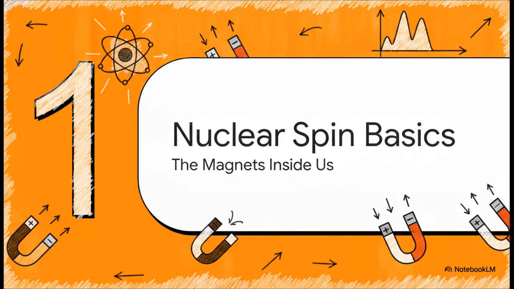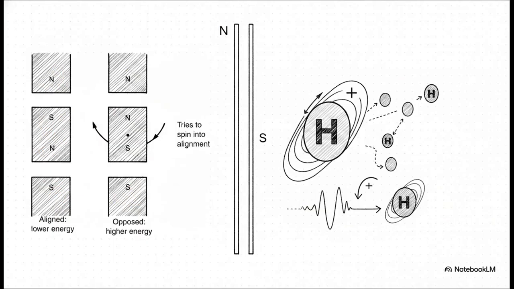Moving right into Section 1, Basics of Nuclear Spin, or as I like to think of it, the magnets inside us. To really make sense of the mess of peaks in a spectrum, we've got to zoom way in on the atomic nucleus itself. As you know, not all atomic nuclei possess spin, but hydrogen is our star player here. When we drop these spinning, charged hydrogen nuclei into a massive applied magnetic field, they basically have to make a choice.